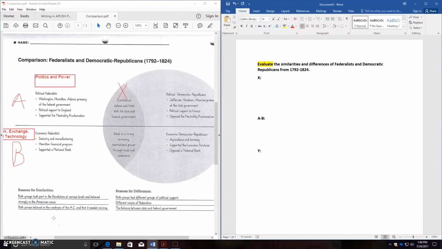All right, let's begin writing our thesis statement. So our X, or our counterpoint, is that there are similarities between Federalists and Democratic Republicans.